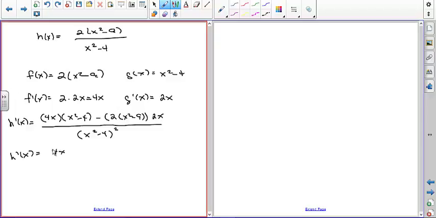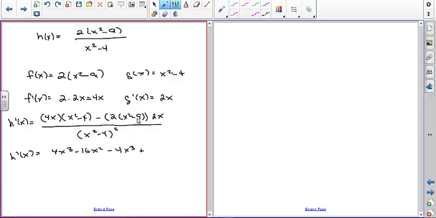So we'll get 4x cubed minus 16x squared minus, okay, we got 2 times 1 times 2, so that's 4, minus 4x cubed. So we got 2x squared times 2x, which is 4x cubed, negative sign. Then the second part is going to be negative times the negative, so that's going to be positive.